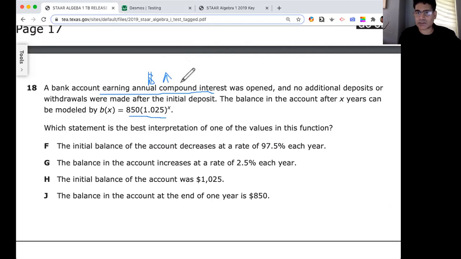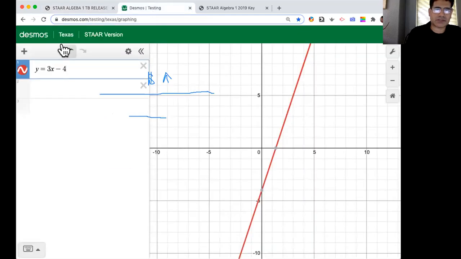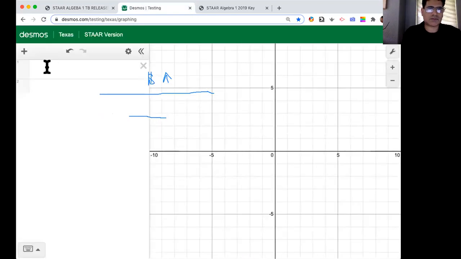I'm making these little notes. And then if you don't have paper, you can even put these into Desmos if you want. As we showed you before, let's clear all of this. Clear this. So money, earning money.